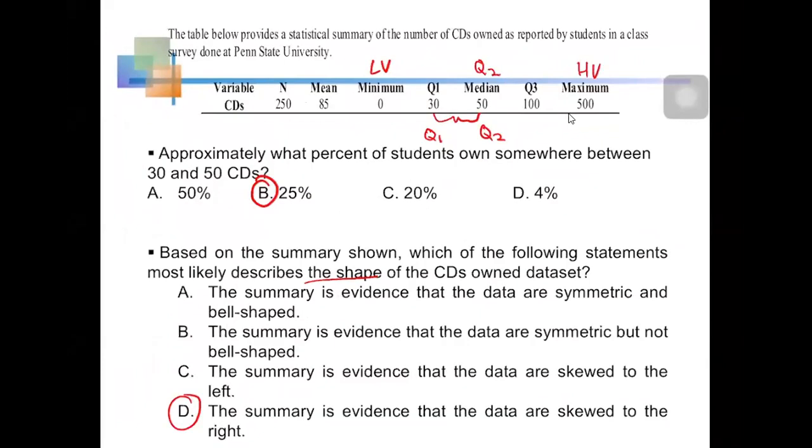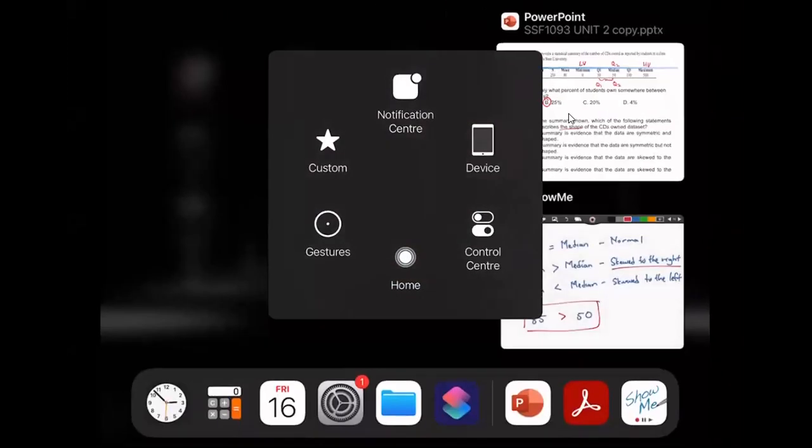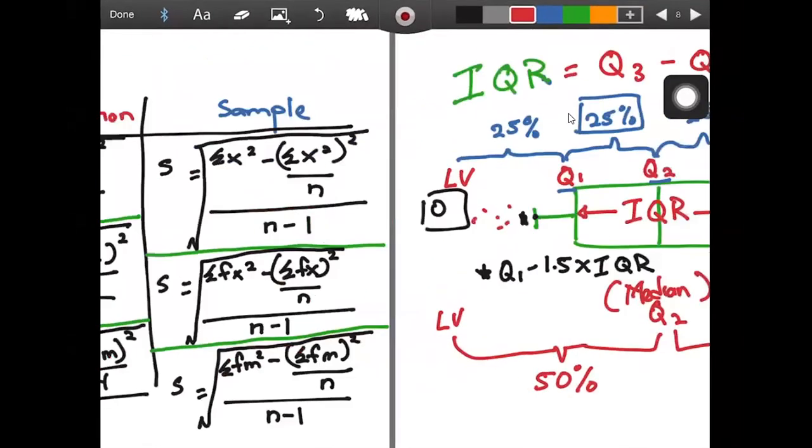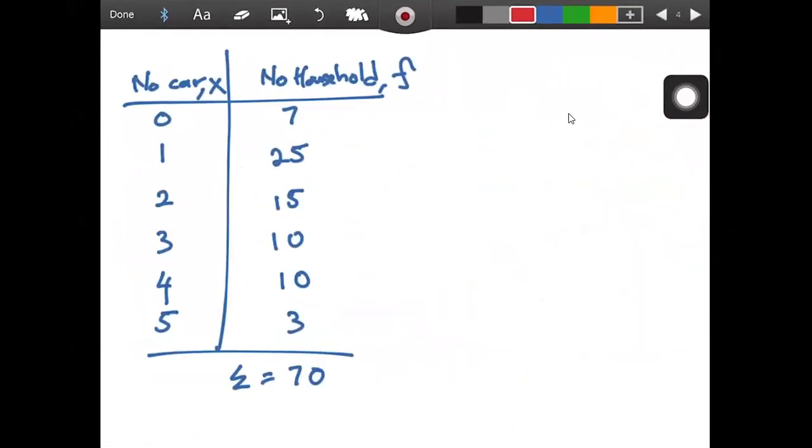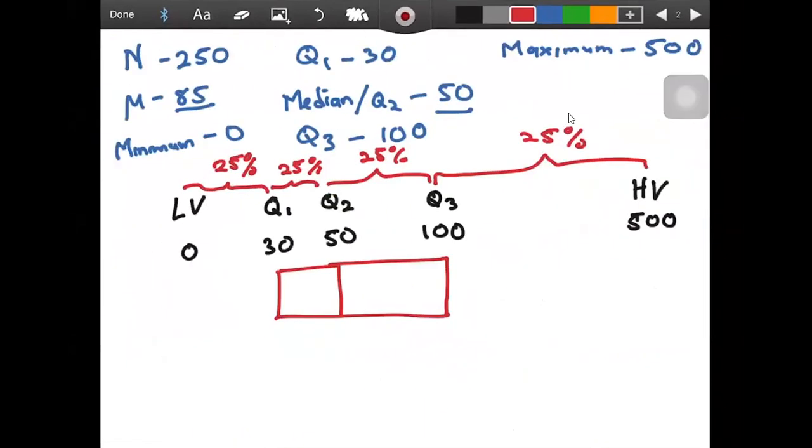Okay, I have another question from this example. We can try to look at whether zero is an outlier or not. So how to check: we need to find our lower whisker here.